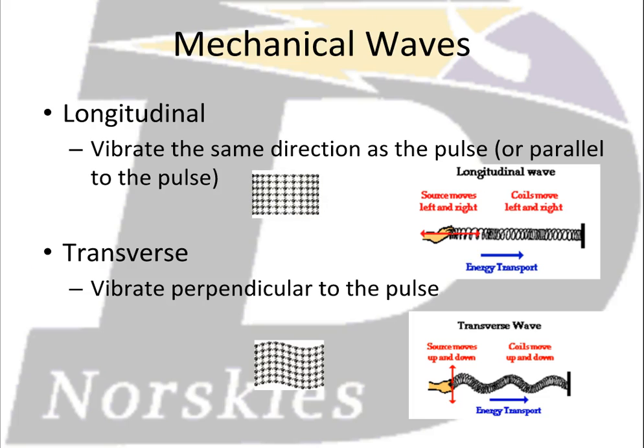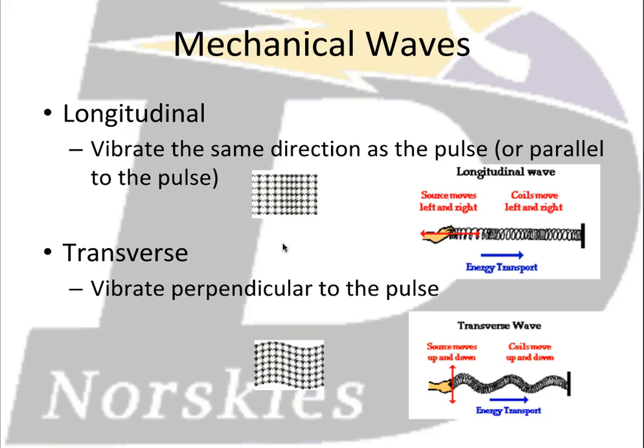You can see in this picture that there's a pulse, a compression and an expansion, going through the material here. These little dots represent particles, and we'll talk more about that later.